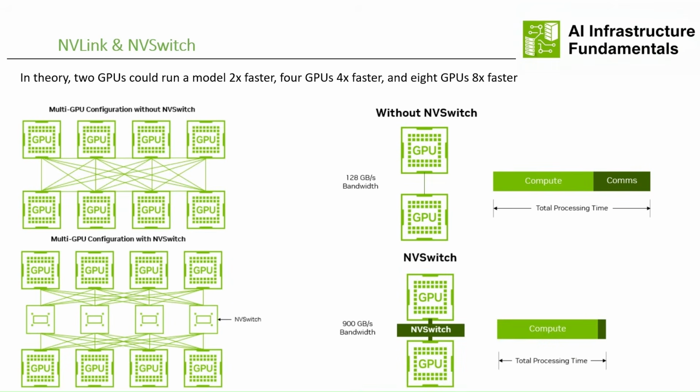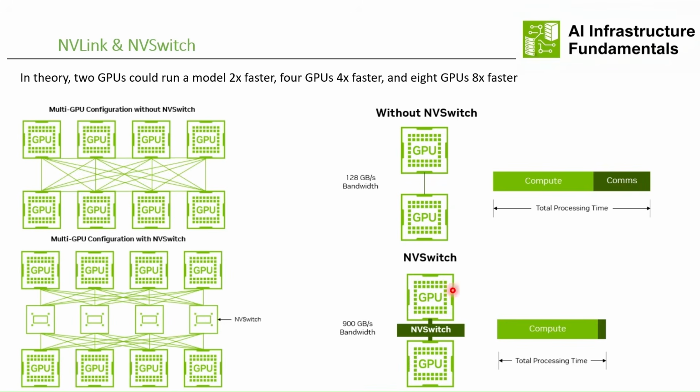With NVSwitch, as you can see on your screen, the bandwidth has gone up to 900 gigabytes per second. That's huge, right? You can also see that without NVSwitch, the total processing time was probably about 80% compute, and the remainder was communication.